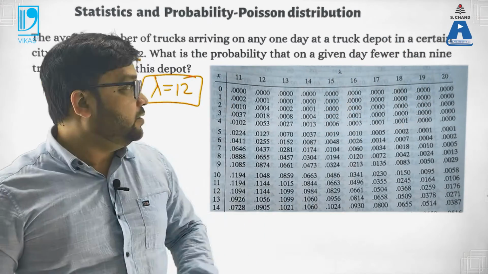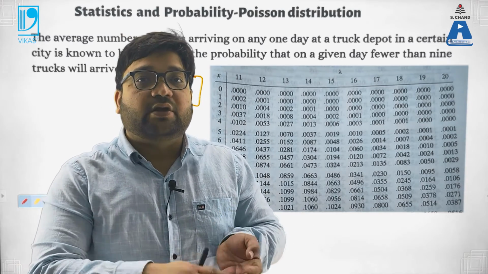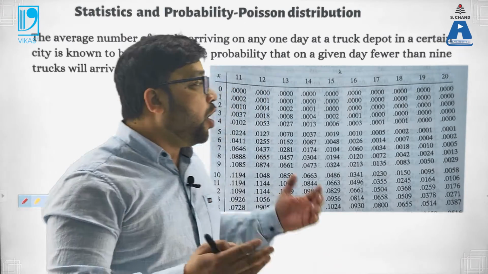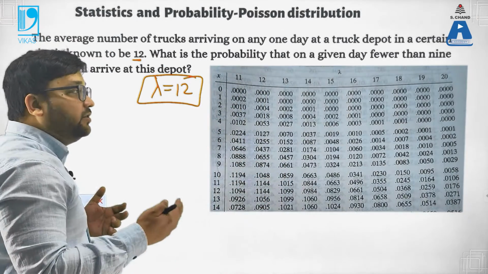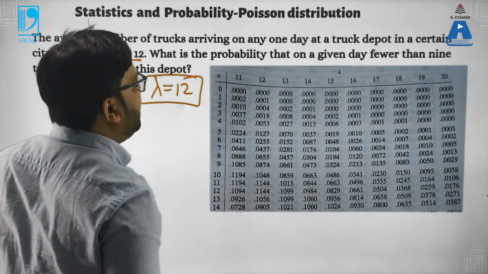Okay, so that means there can be no truck arriving, or maybe 1 truck arriving, 2, 3, 4, 5, 6, 7, 8. All these possibilities, if it is there, I will say that fewer than 9 trucks have arrived.